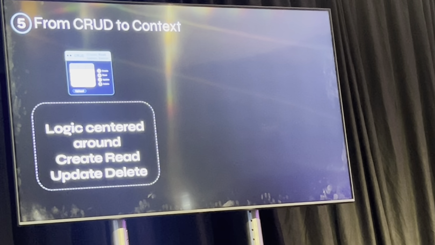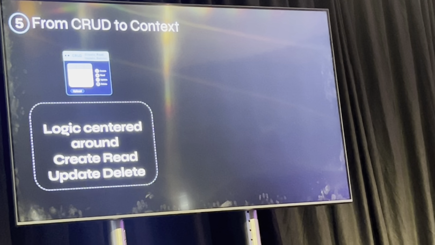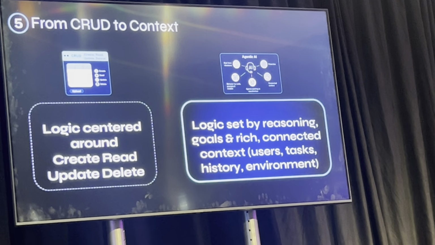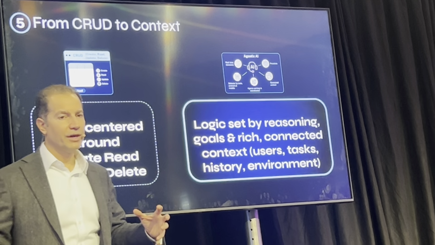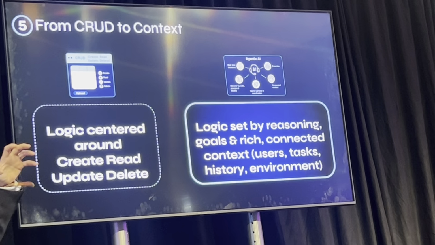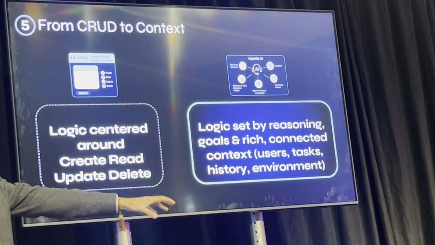And then from CRUD to context, where importantly the distinction is between retrieving facts about a given thing versus what are the things going on around that thing. Yesterday in my talk, I gave the example of Sarah, who has some previous transactions. Those transactions have things in a shopping cart.